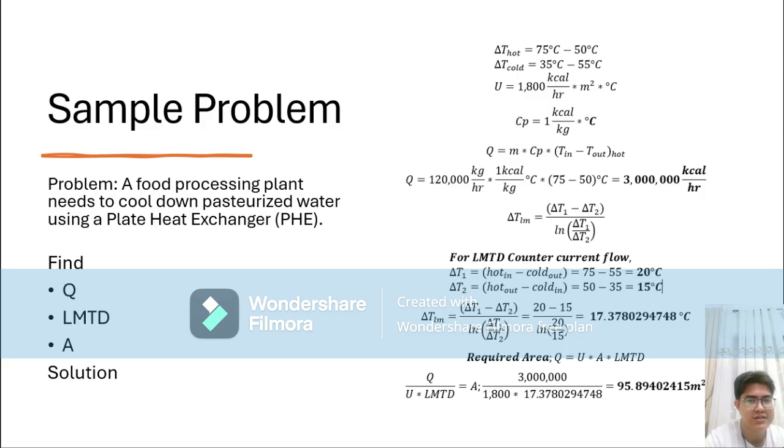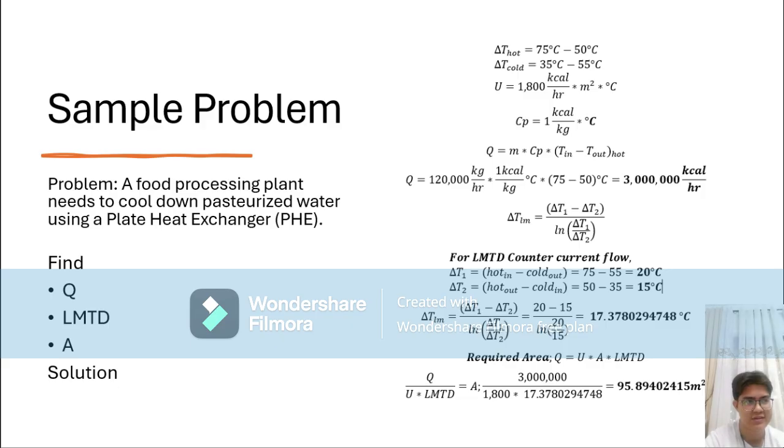The formulas used here are Q, LMTD, and we find the area by manipulating the formula for Q. The Q formula is Q equals U times A times LMTD, and by putting U and LMTD as the denominator of Q, we can isolate A, and that's how we arrive at these answers.